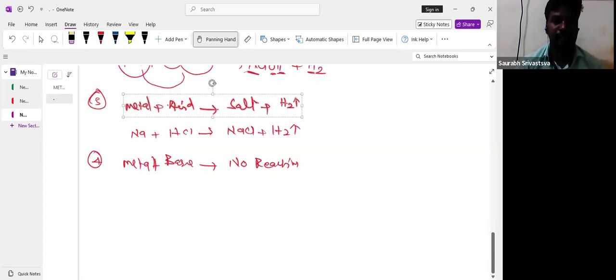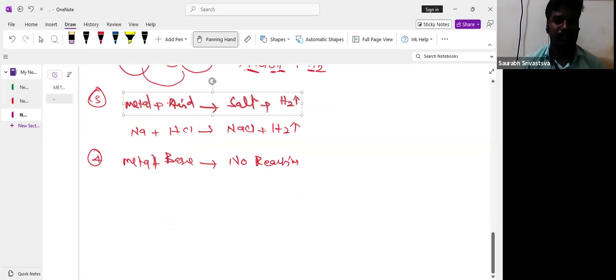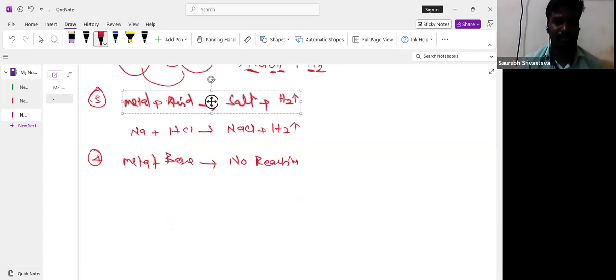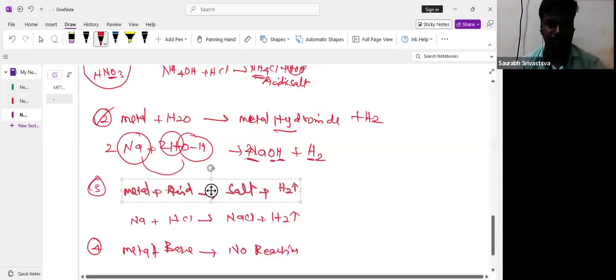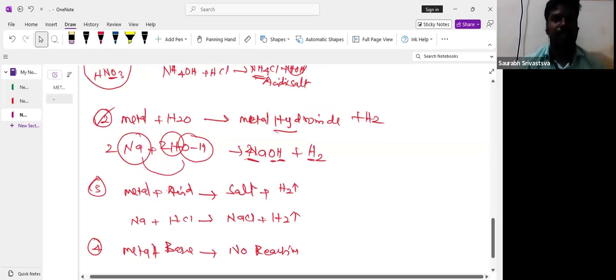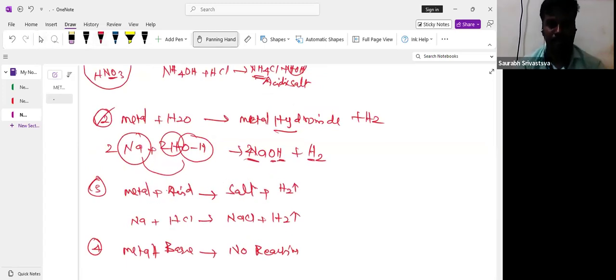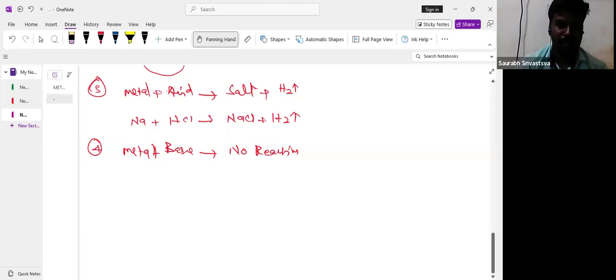And what are the elements? Here the exceptional cases: the first one, zinc.